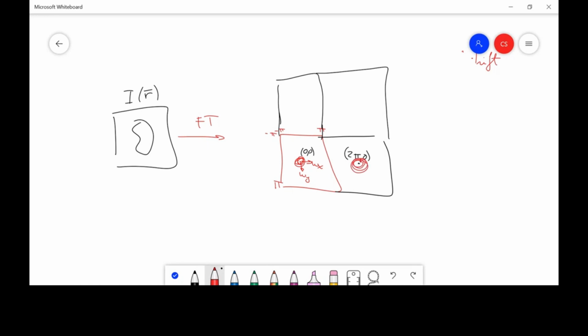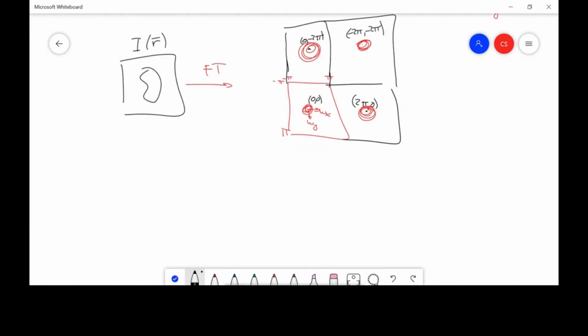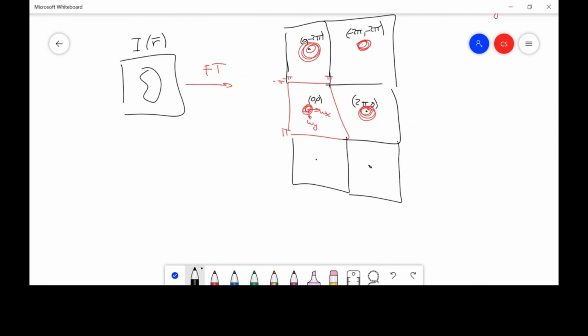And this one here is 0 minus 2 pi. And I have another copy. And at this point, that is minus 2 pi minus 2 pi, I have another copy. And so on. And here there are also copies. So let me put these two. I'm not writing the frequencies anymore.